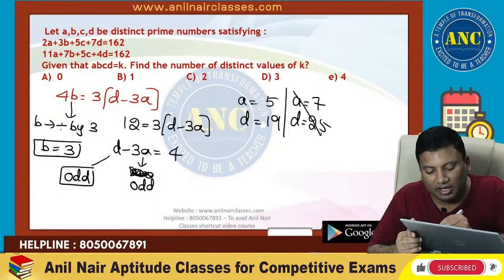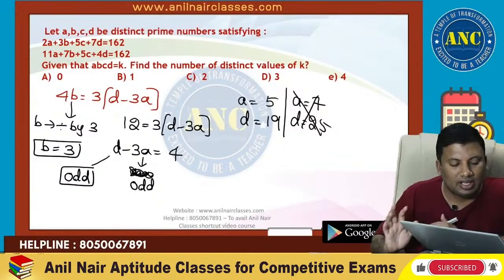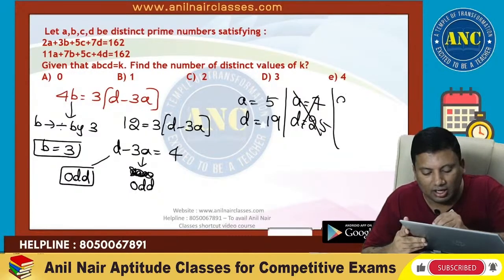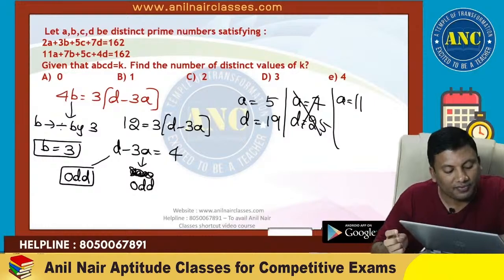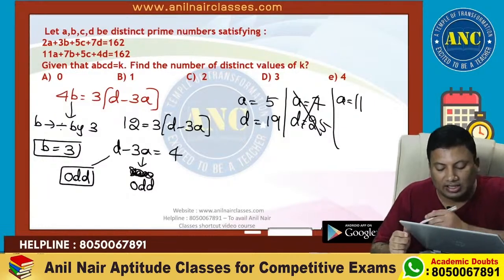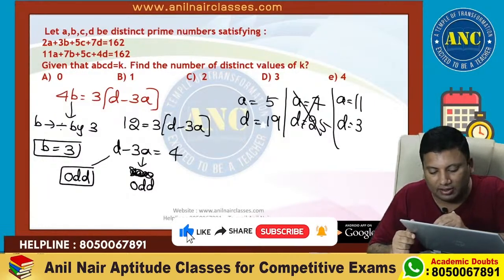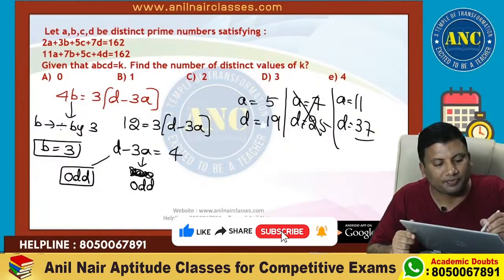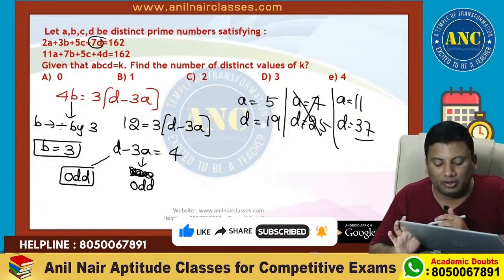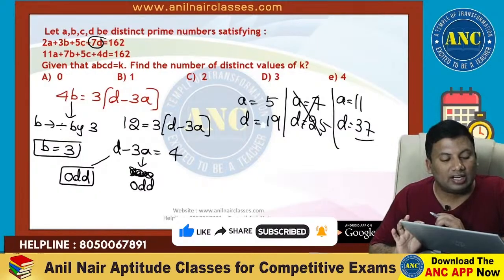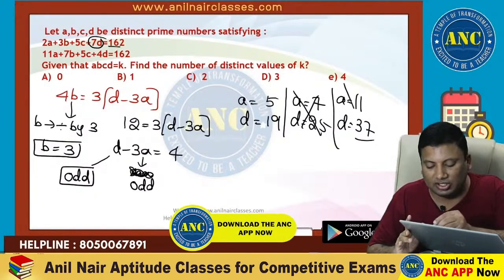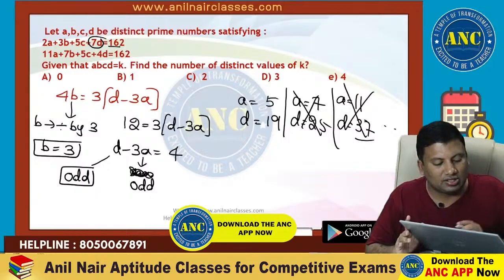This is anyway not possible, because D is not a prime number. Next one, if A is 11, 11 3s are 33 plus 4, 37. D value 37. If I keep D value 37, 7 into 37 is exceeding 162. None of the other cases is possible.